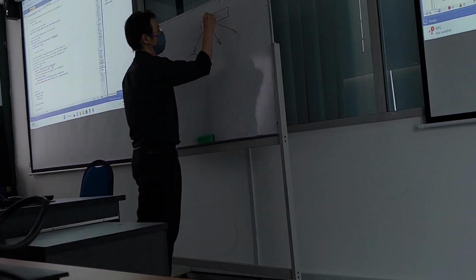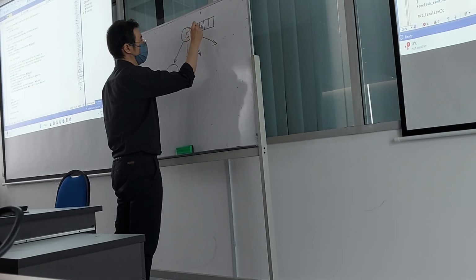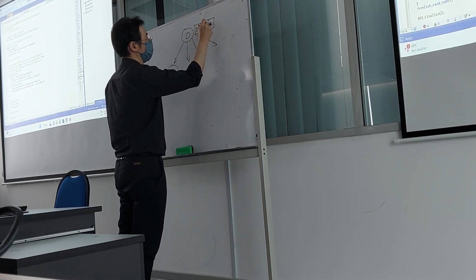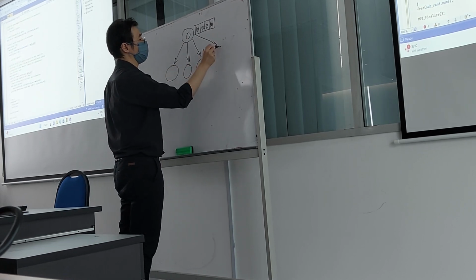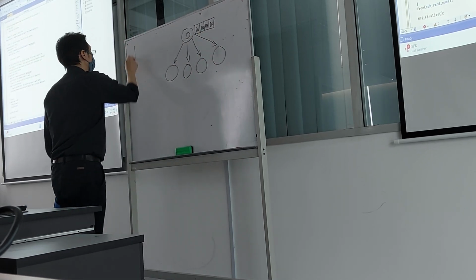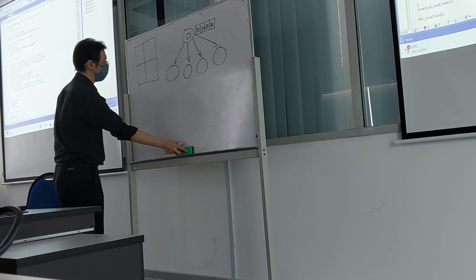So this thread zero will have data. So data 1, data 2, data 3, data 4. Okay, so this data will be processed by the same program. Let's say, for example, in this case here, you got an image, right?